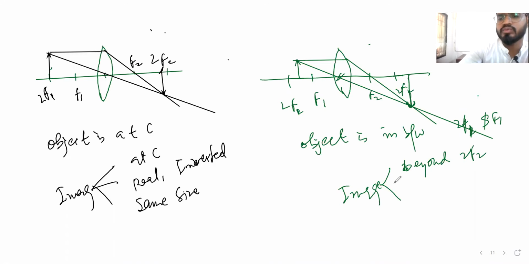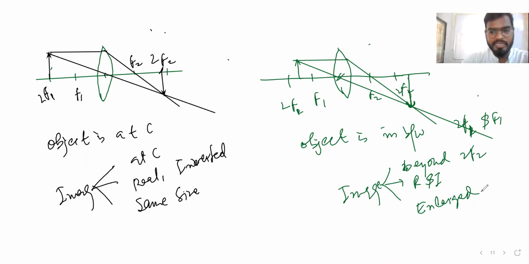Beyond 2F2, that is real and inverted, and then enlarged. That is enlarged, right? Till here you guys understood.